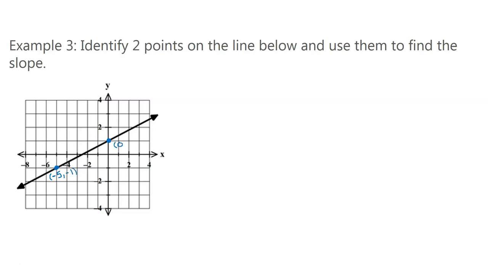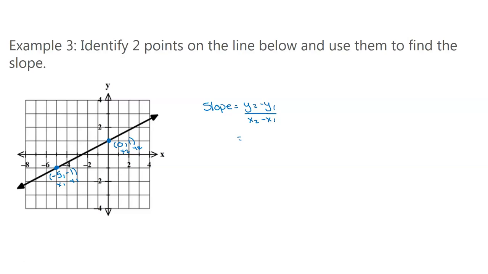And this is 0, comma 1. Now I will label my points here and then fill them in.